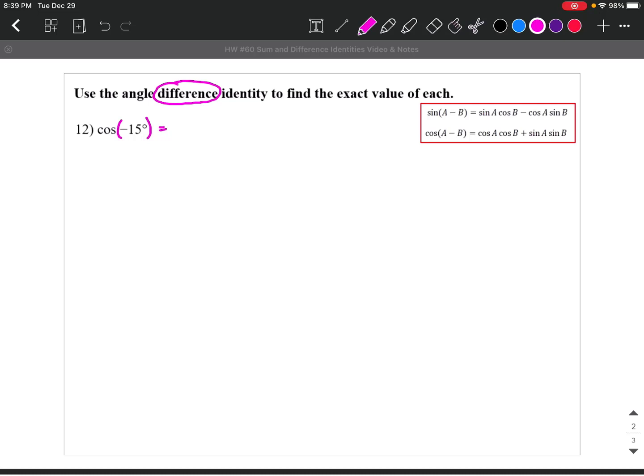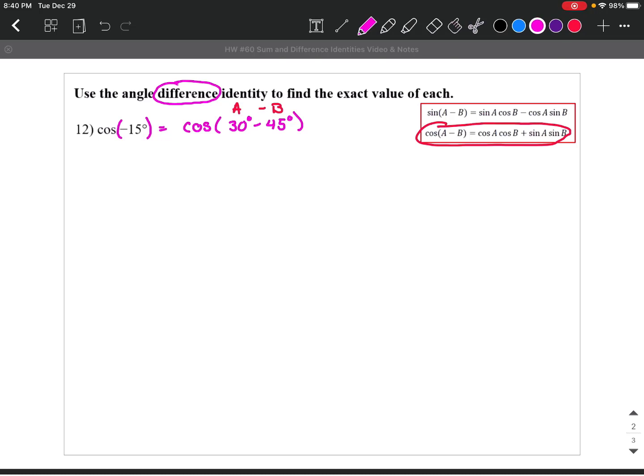Now I know 45 minus 30, those are both special angles. 45 minus 30 is positive 15. So if I reverse it and say the cosine of 30 degrees minus 45 degrees, that will give me negative 15. So this is my A minus my B, and we're looking at cosine of the difference.